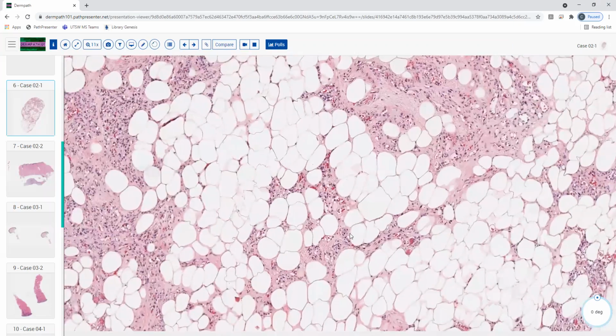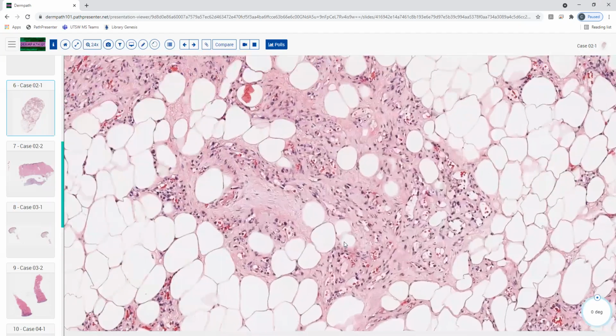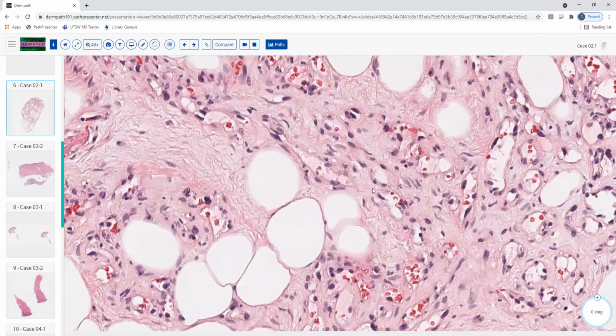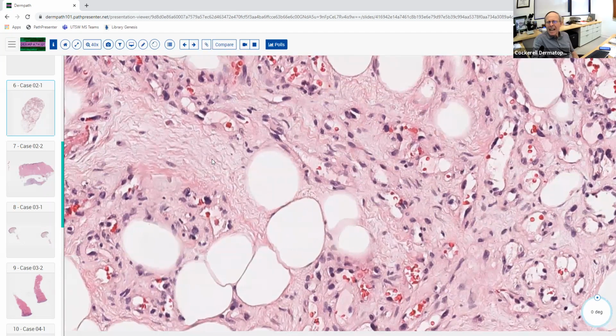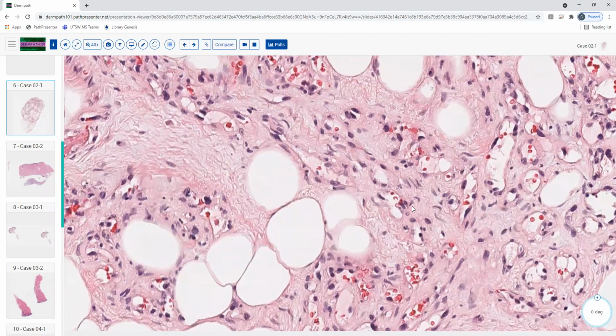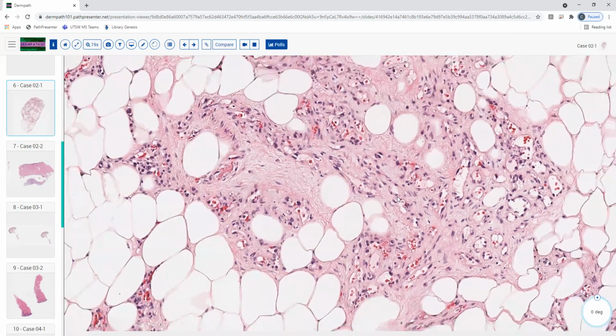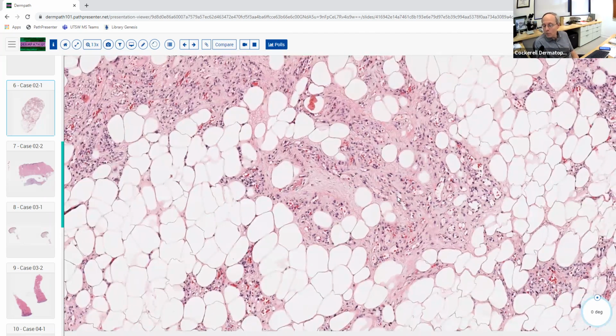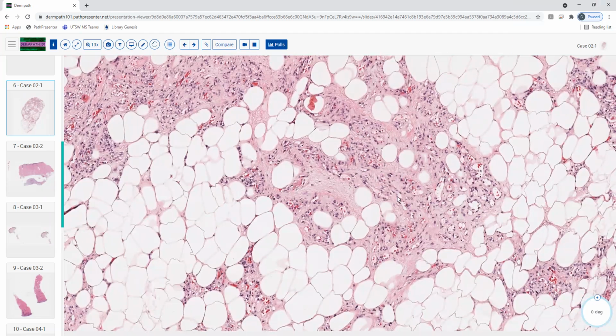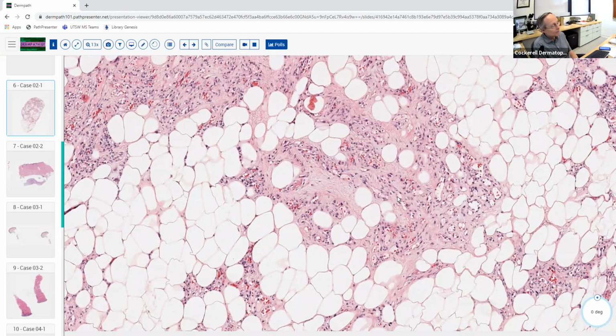If we see a lot of smooth muscle component in it, can we call it angiomyolipoma? I think this is just some stroma here. No, not in this case. When you see smooth muscle plus vessels and fat, what do you call that? Angiomyolipoma. And what disease is that associated with?